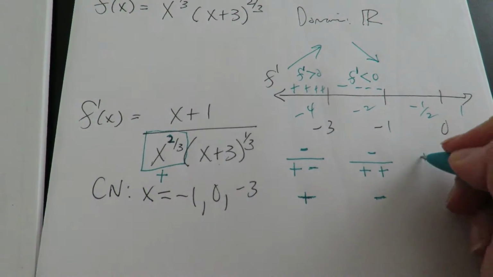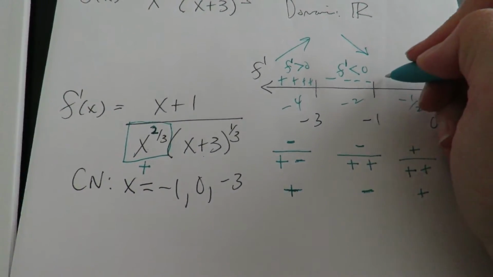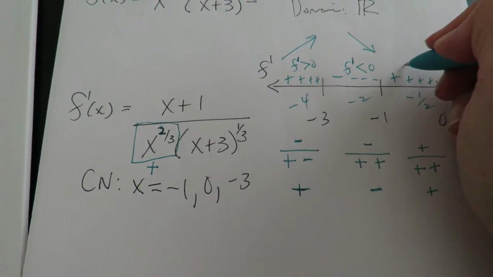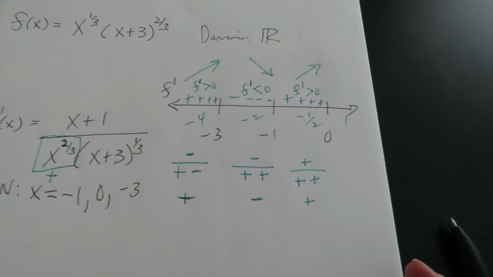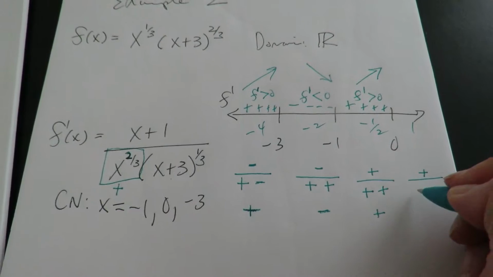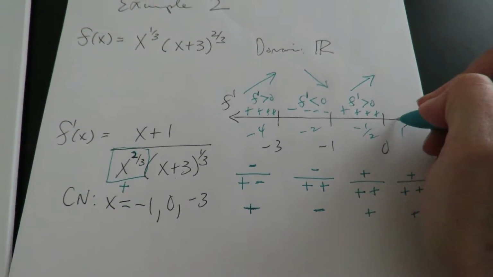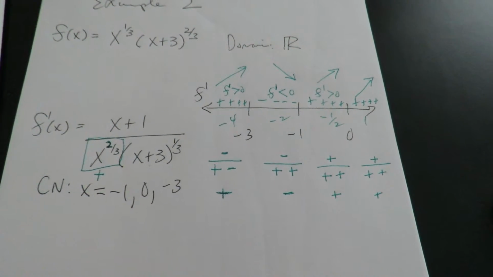A half is positive. That guy's always positive. That guy's positive. It's positive. That means that segment's going up. Last one, I put in a 1. Positive, positive, positive, positive. This is going to keep going up.